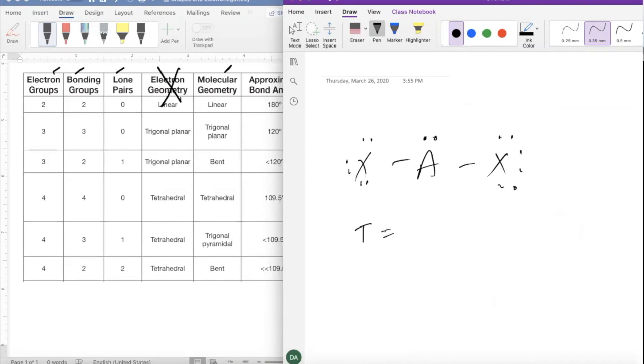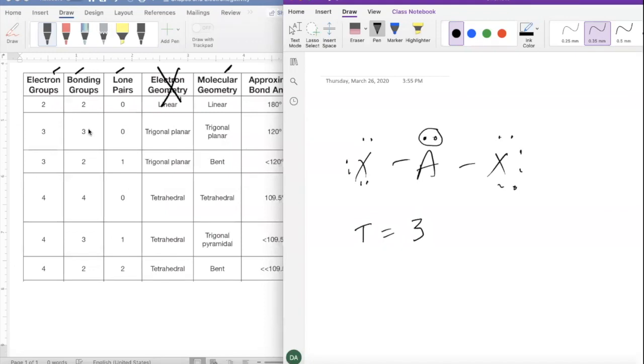How many electron groups are total neighbors? Nope, 3. See, this is one neighbor, X. This is another neighbor, X. And then this lone pair is also a neighbor. It is not a bonded neighbor, but it's a lone pair neighbor. But it's a neighbor.